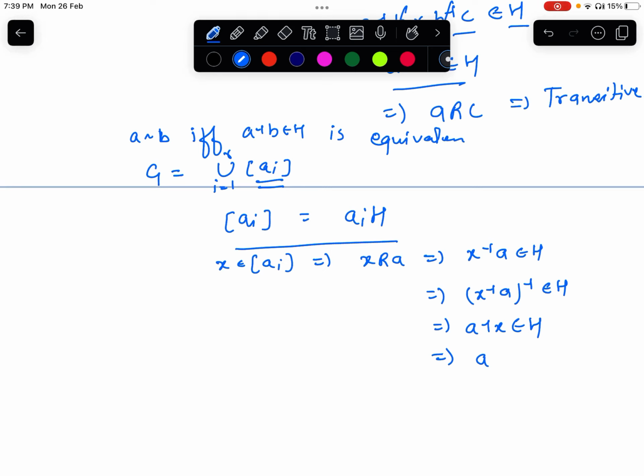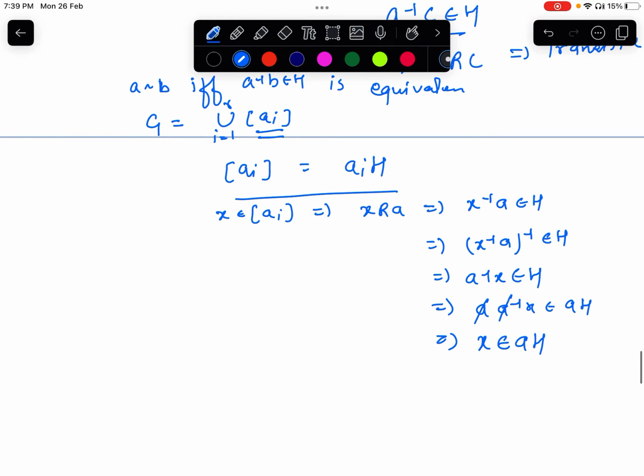Operate both sides: a_i times a_i inverse x belongs to a_i H. a_i and a_i inverse will be cancelled out. x belongs to a_i H. So we assumed that x belongs to the equivalence class of a_i, and finally we have proved that x belongs to a_i H. This means the equivalence class of a_i is a subset of a_i H.